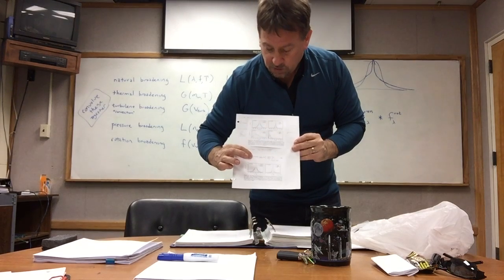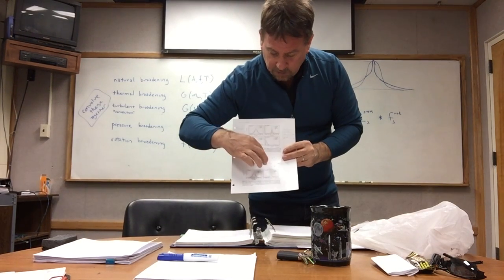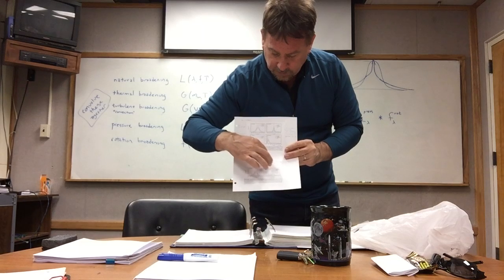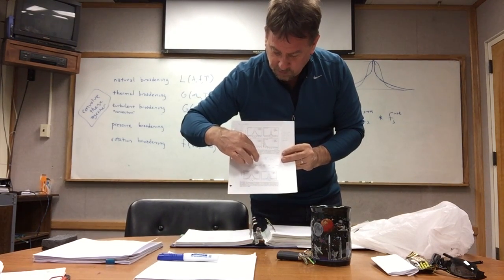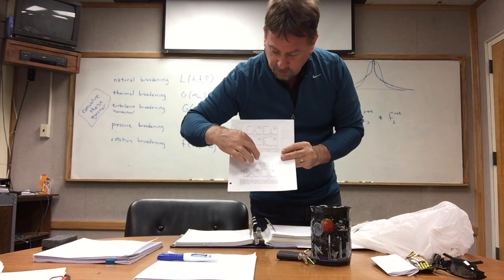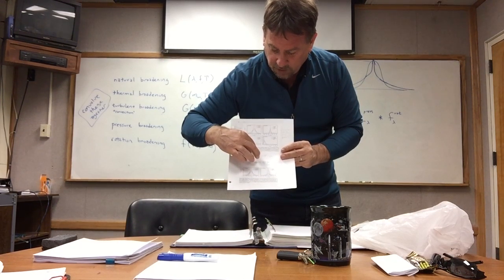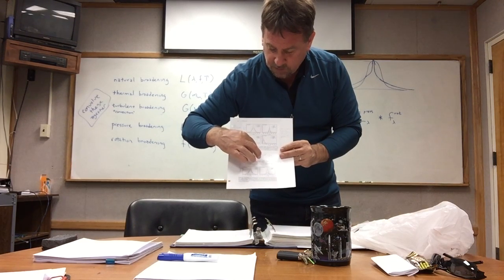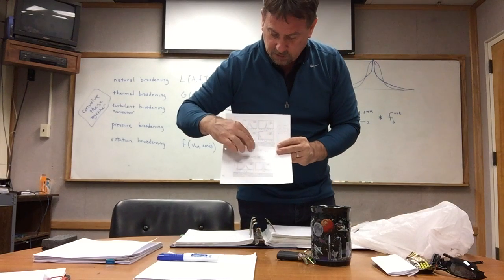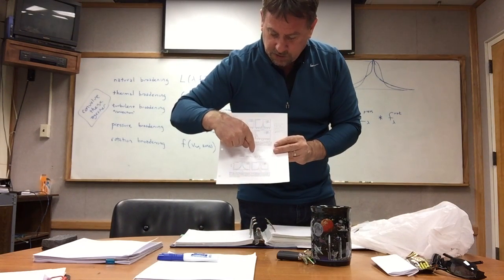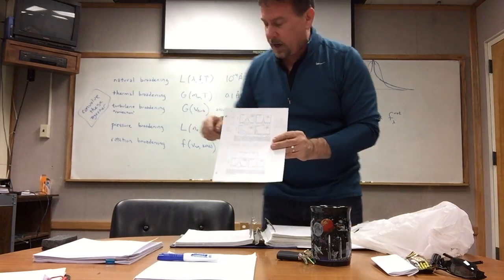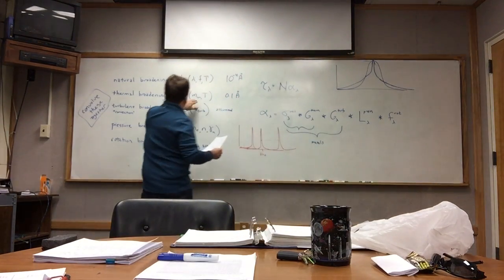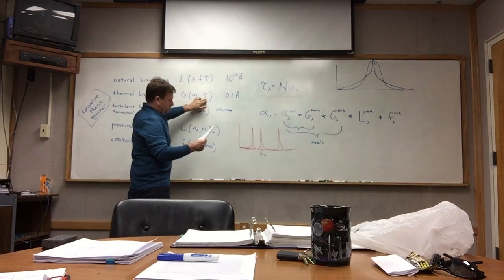It's a distribution function that shows you that, depending upon the velocity difference, there's this delta lambda D, which is the velocity of the atom, or the mean velocity of the atoms, divided by the speed of light times the rest wavelength of the transition. The v naught is the square root of 2kT over the mass of the ion. So that's where the mass of the ion comes in, and the temperature comes in.